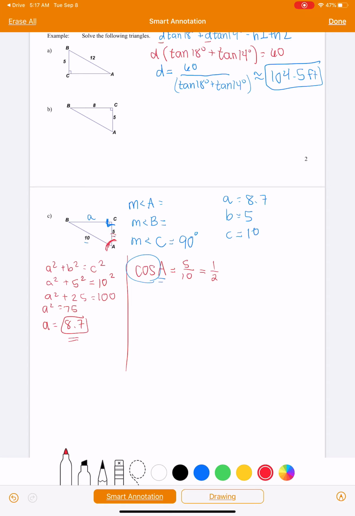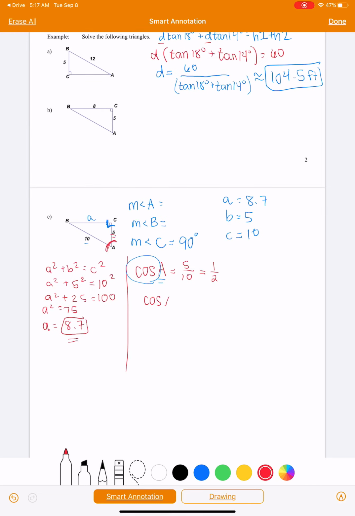Okay, so I have here cosine of A equals 1/2. I want to get rid of cosine, so I'm going to multiply by the inverse of cosine. Notice I'm using this little symbol. It looks like to the -1. And what I do to one side, I have to do to the other.